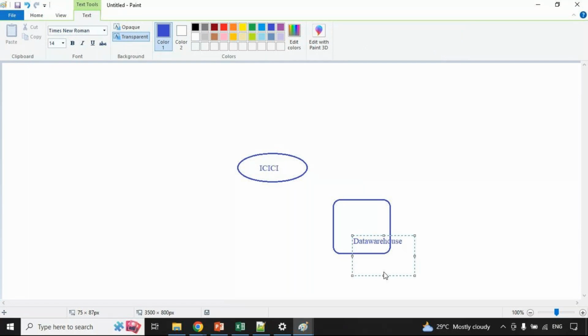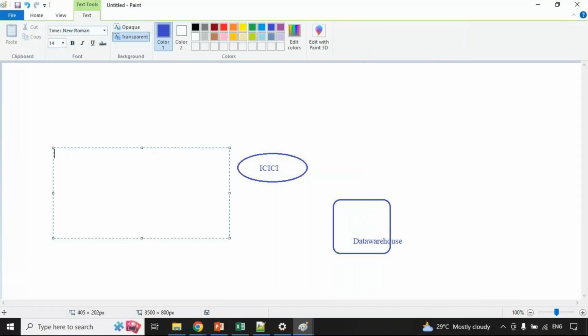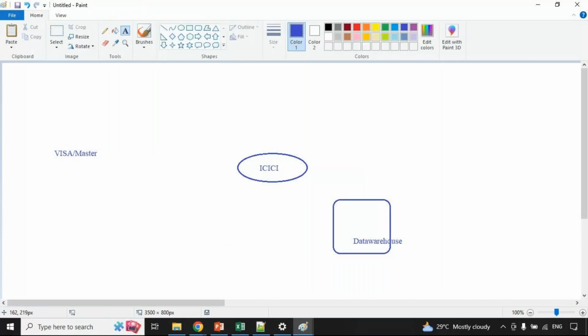Here, for ICICI, there will be a source system. Consider Visa and Master. Visa and Master is the source system for ICICI. This Visa Master is a third party. They are going to maintain different bank transactions, ICICI, HDFC, different ones.